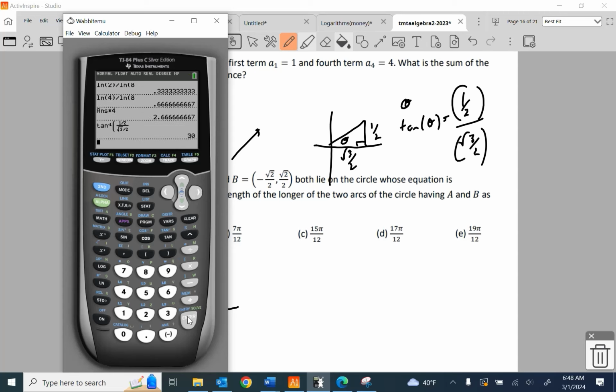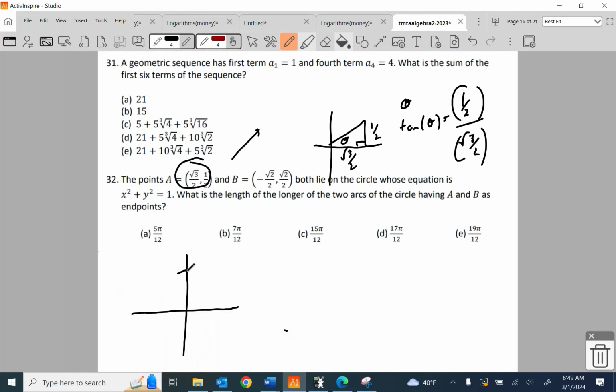Yeah, it's 30 degrees. All right, so here's what we found so far. On this circle, to get to point A, 30 degrees happened.